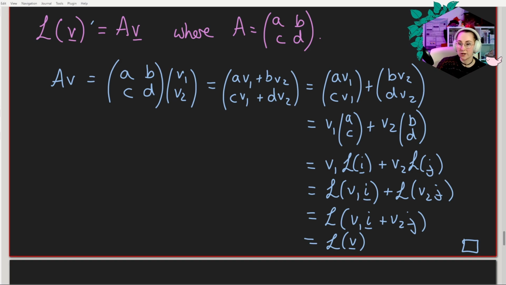So for an arbitrary vector V, if this column maps the new I and this column maps the new J of a matrix A, it is the linear transform of that vector. I think that's the closest we're getting to a proof for today at the very least.